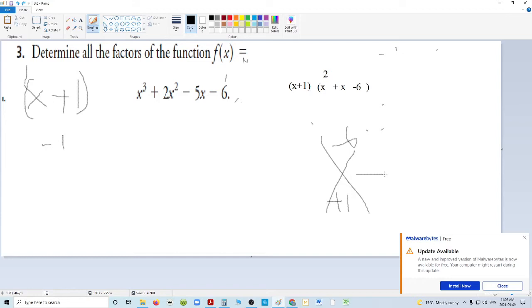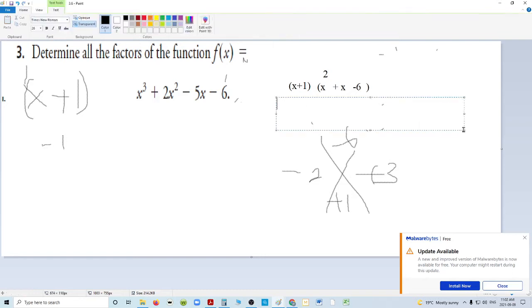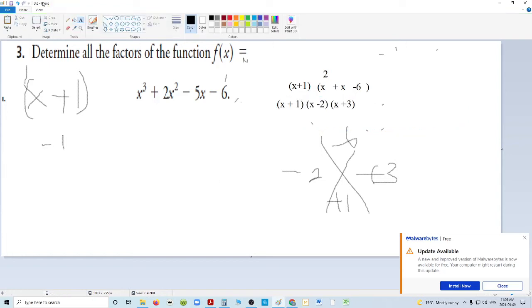Yes, there is. It's plus 3 and minus 2. So that we can easily see the factors here using our factor theorem, it is x minus 2, x plus 3. And to confirm, you can always expand all of this to make sure you get back to that.